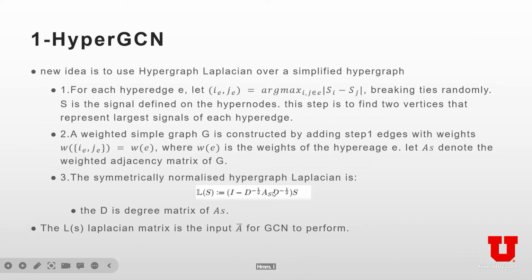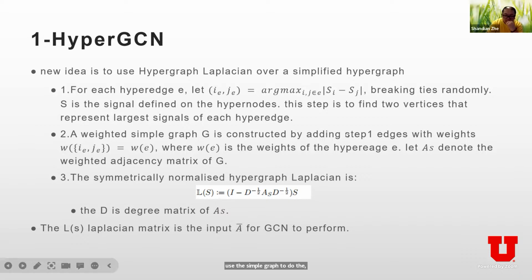S is a simple graph, transformed from the hypergraph. This is a simple graph G, and AS is the weighted adjacency matrix of the simple graph. So it's just to convert the hypergraph to a simple graph, and use the simple graph to do the graph Laplacian.